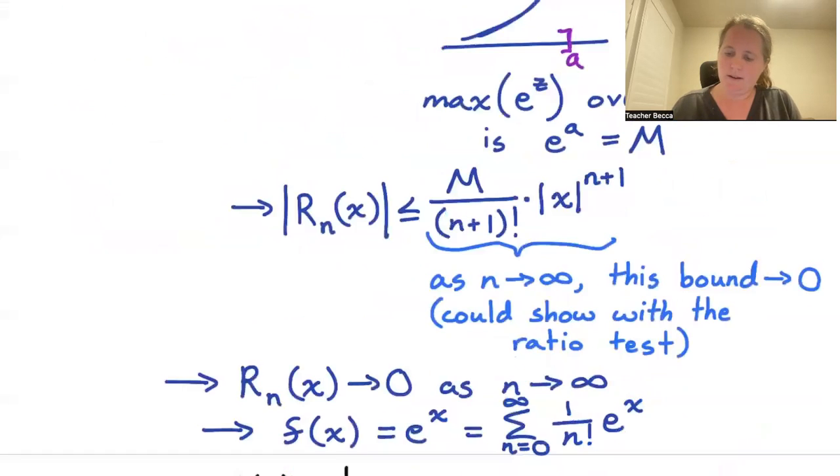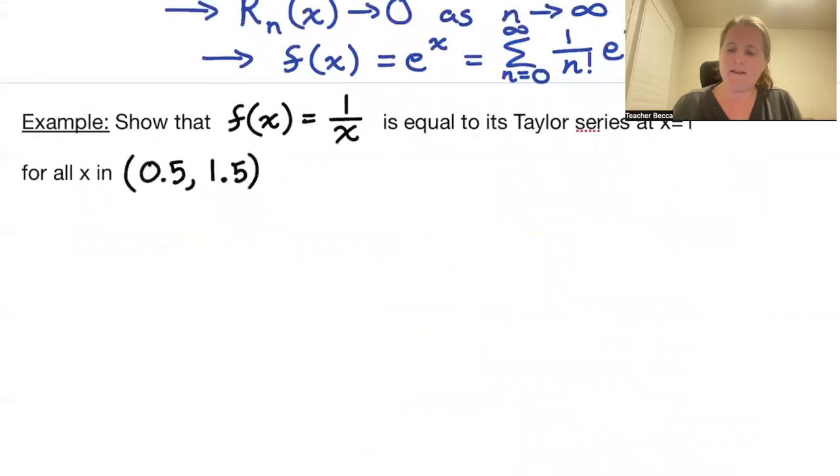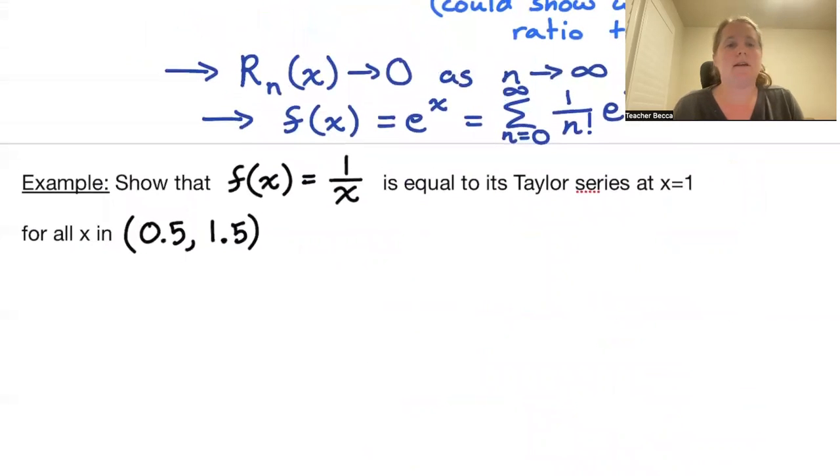All right. Now let's take a look at a Taylor series instead of a Maclaurin series. Our job is to show that f of x equals 1 over x is equal to its Taylor series at x equals 1 for all x in the open interval from 0.5 to 1.5.